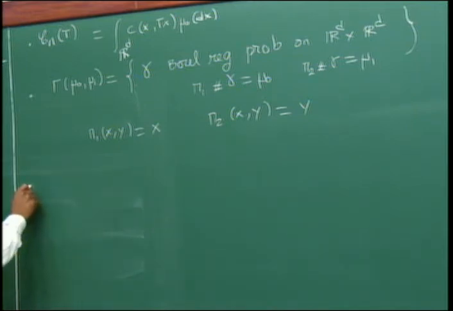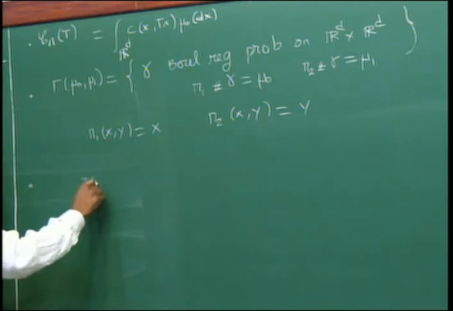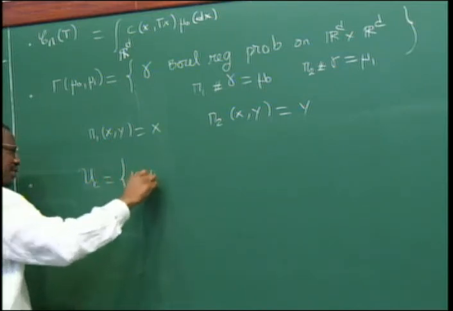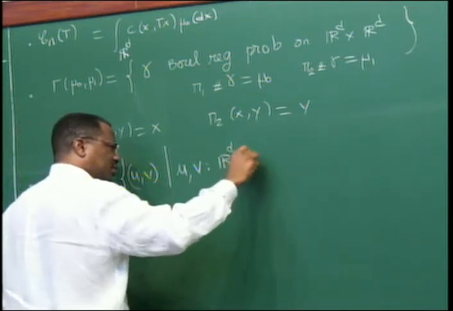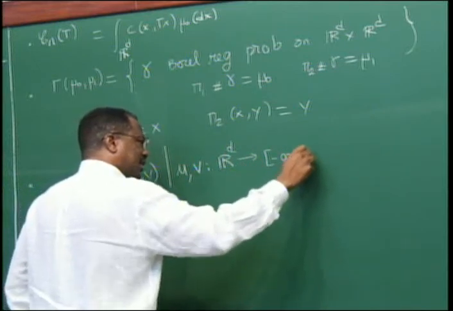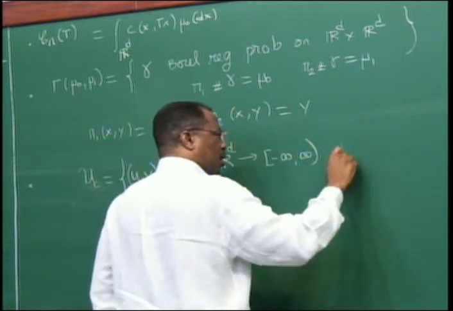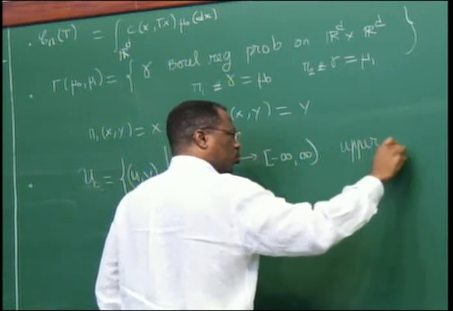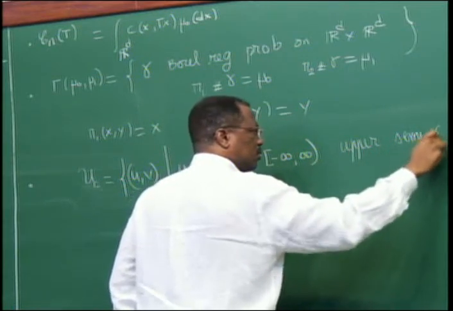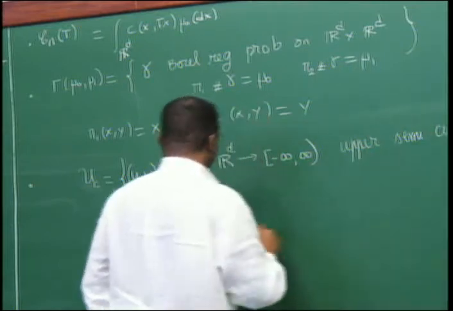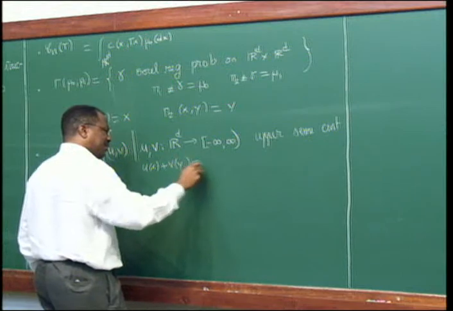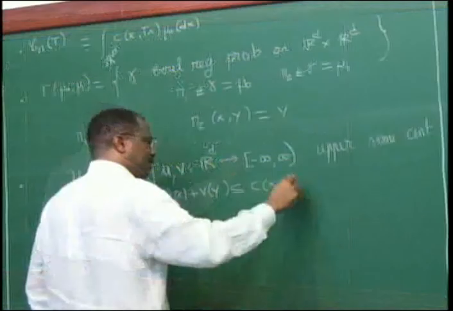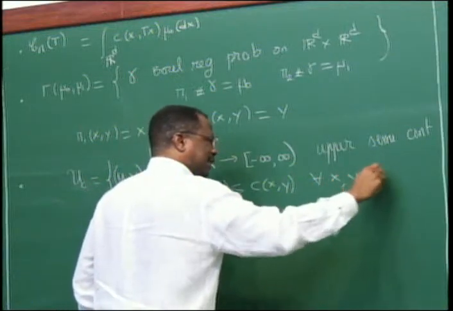Eventually, J(U,V,c) is the set of (U,V) such that U,V are from RD to negative infinity, infinity, upper semi-continuous, and U(x) plus V(y) is less than c(x,y) for every x, y in RD.